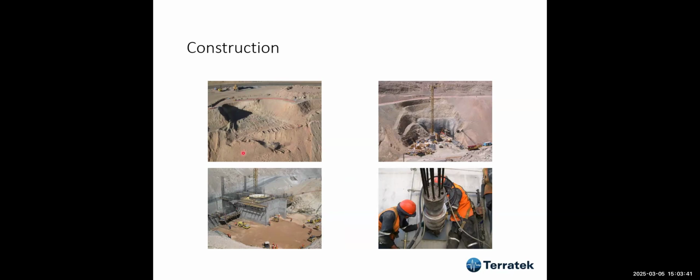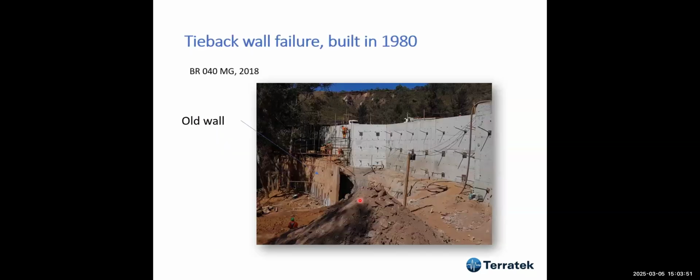And these are some photographs of the excavation that took place, the initial construction, and the multi-strand anchors that we used there. This is also, in 2018, an old wall that failed due to corrosion.